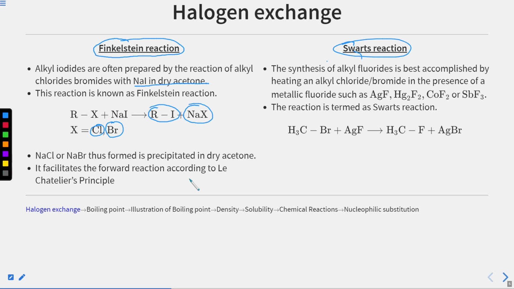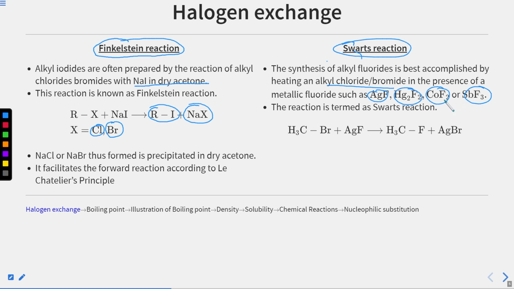If you just look here, we have exchanged our bromine with fluorine, so we can do it indirectly by using the halogen exchange method. The synthesis of alkyl fluorides is best accomplished by heating alkyl chlorides or bromides in the presence of metallic fluorides like AgF, Hg2F2, CoF2 and SbF3.